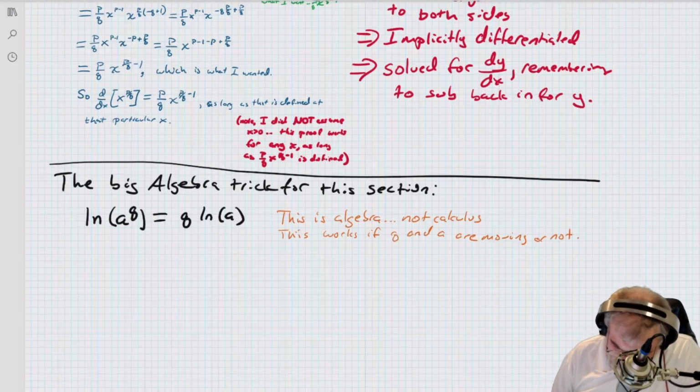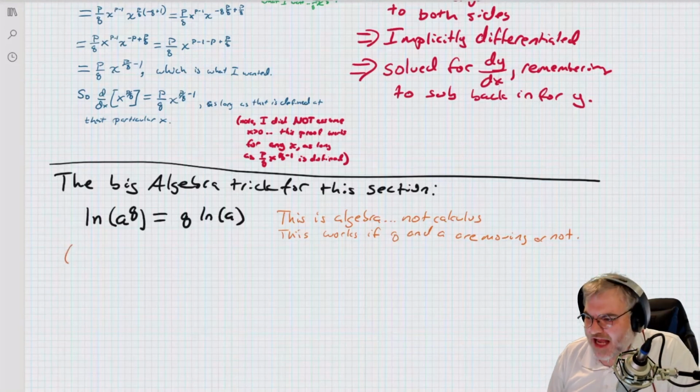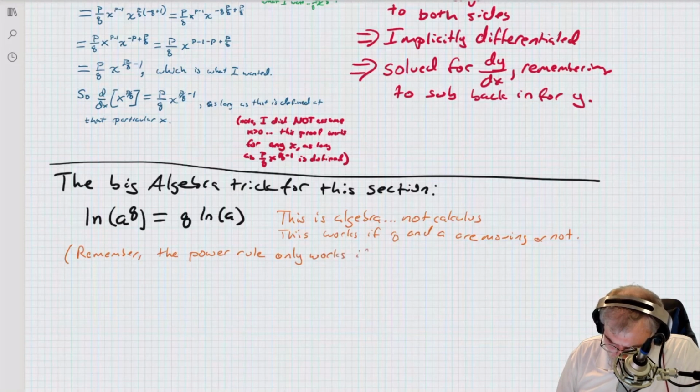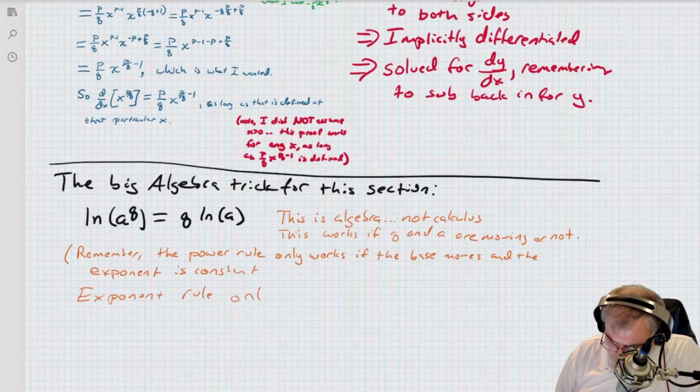And the exponential rule only works when the exponent moves and the base is constant.